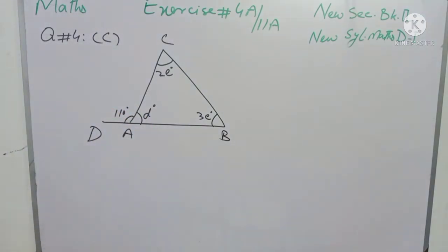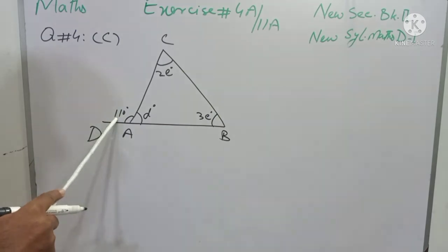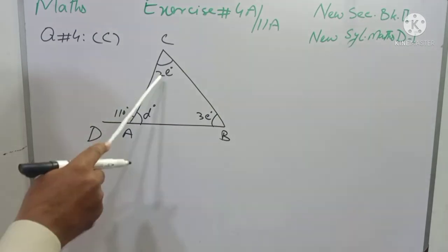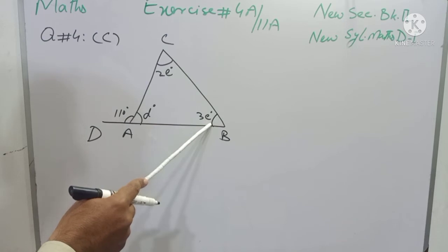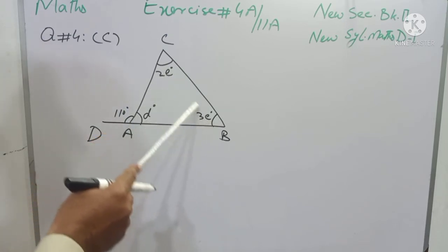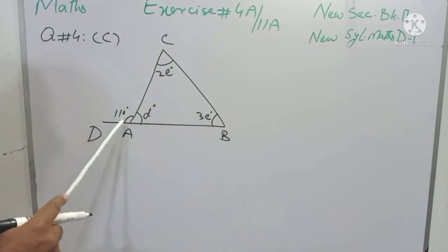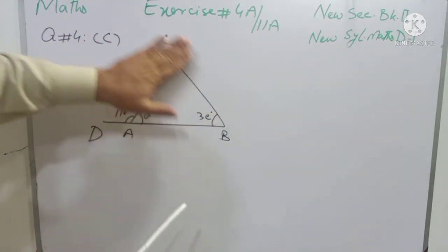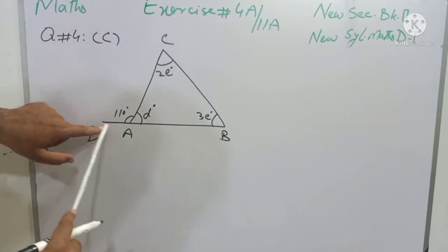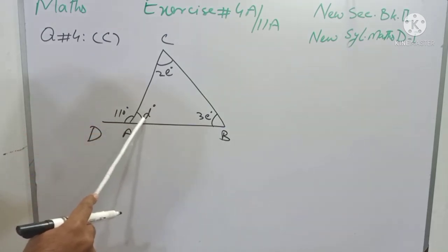Now students, if you look carefully, angle CAD, I mean to say 110, is an exterior angle, and an exterior angle of a triangle is equal to the sum of the opposite interior angles. So students, 110 degree is equal to 2E degree plus 3E degree, and in this way we will find the value of E. And then students, if you forget about this line CB, then DAB is a straight line, and at point A there are two angles, 110 degree and D degree.